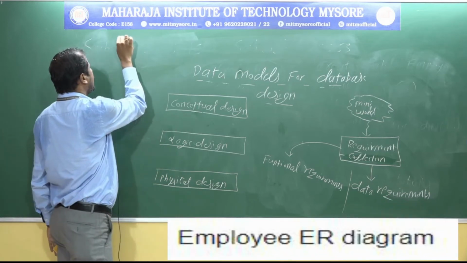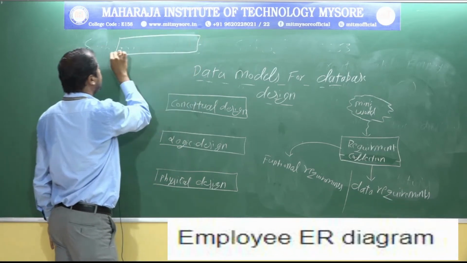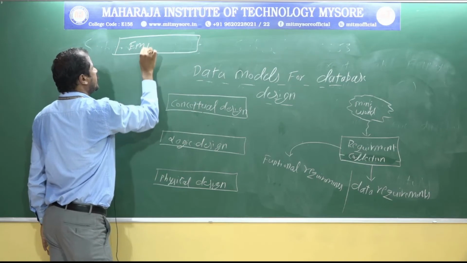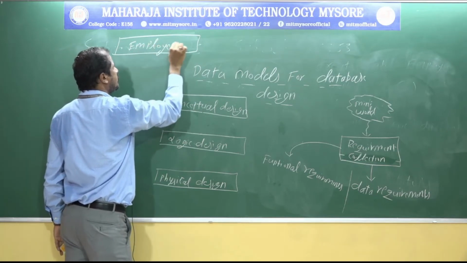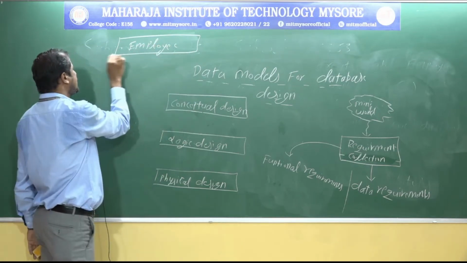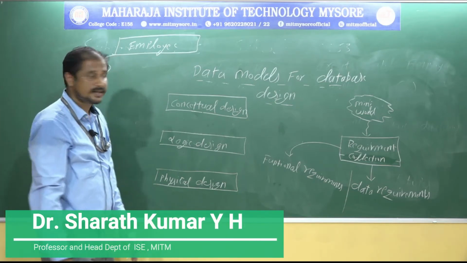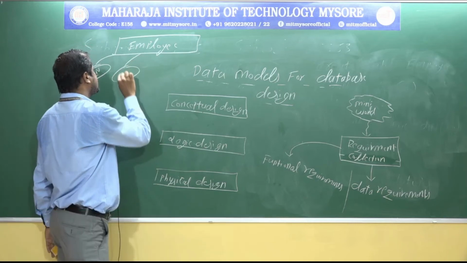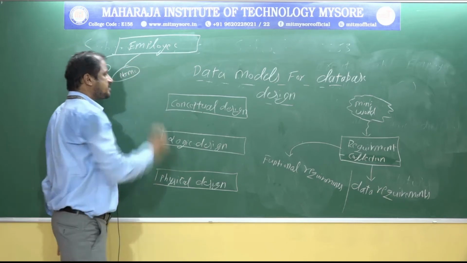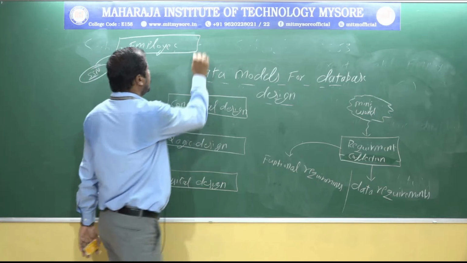So I will take the same example I did for employee. Employee has SSN as a key, with name as an attribute.